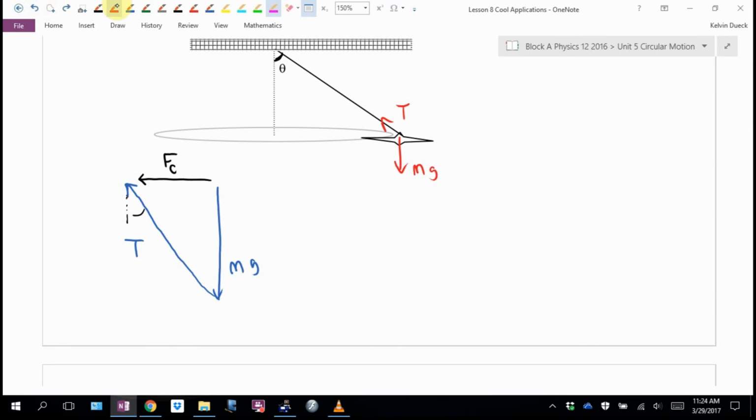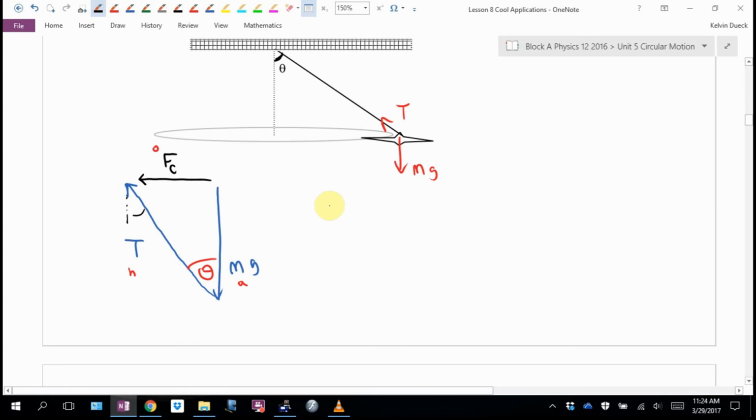I think theta is right there. MG, opposite, adjacent, or hypotenuse? Adjacent. FC, opposite, or hypotenuse? Opposite. Tension, hypotenuse. What trig function relates gravity and FC?